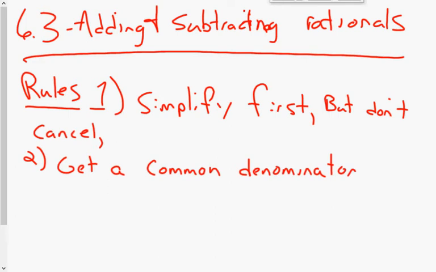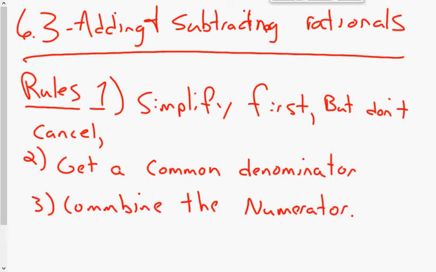Get a common denominator. And then combine everything on the numerator. All right? Remember when you're adding fractions, you only add the top part, right? So don't start adding things on the bottom as well, because then it gets weird. Okay?